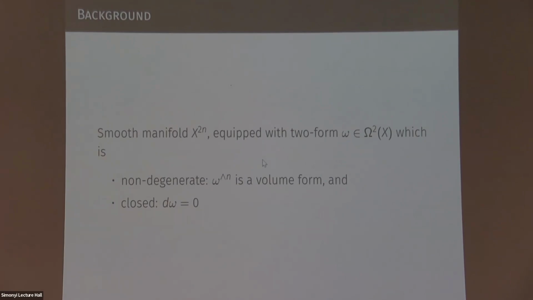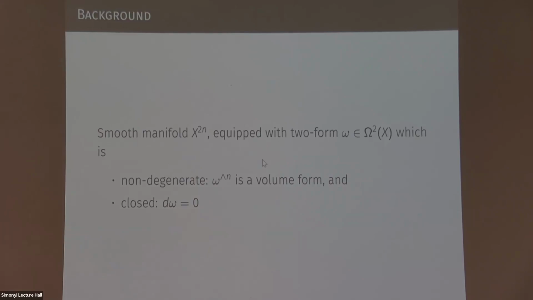And what is a symplectic form? A symplectic form is a two-form which has the following properties. First of all, it needs to be non-degenerate, which means that the top power of the symplectic form is a volume form on your smooth manifold. In particular, symplectic manifolds are going to be oriented. You see that from this condition.